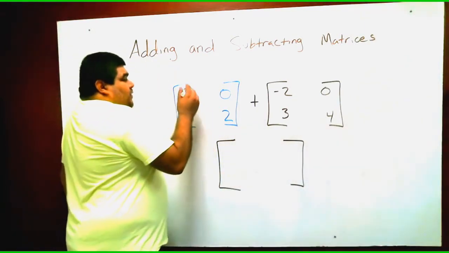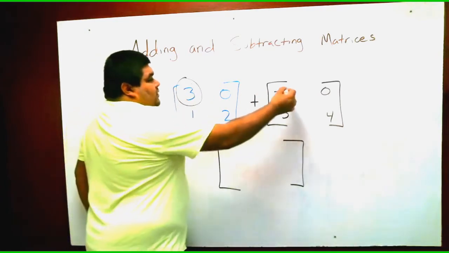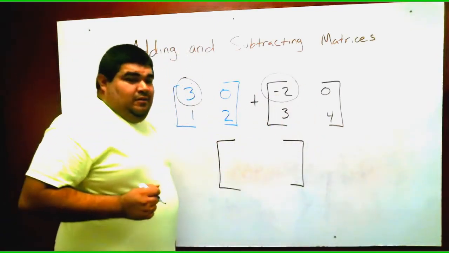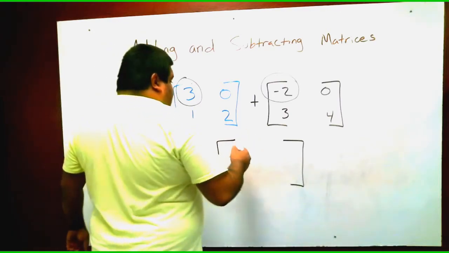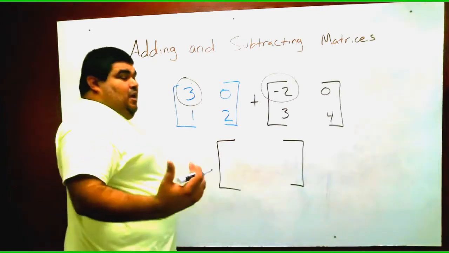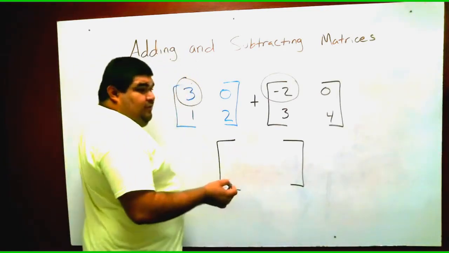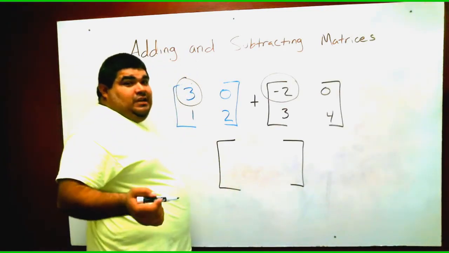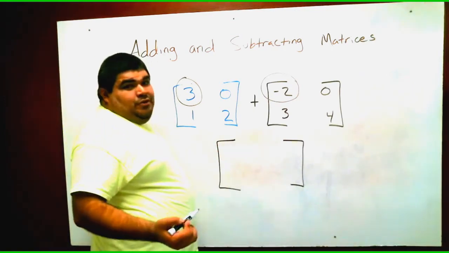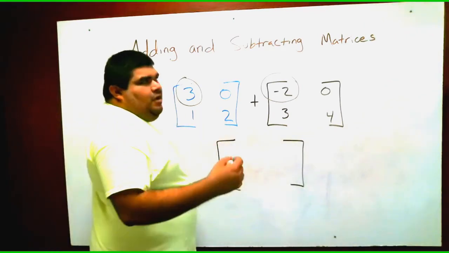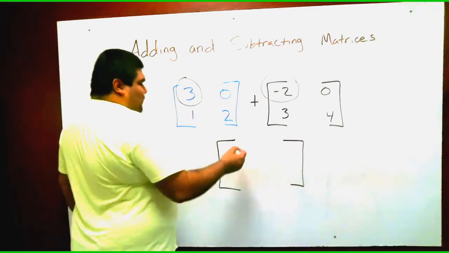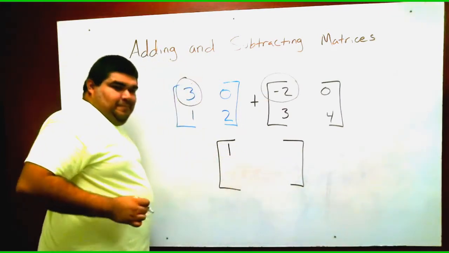Notice that they're both on the corner, on the left side corner, okay? So, they're over here on the corner, on the left side. Now we have to put the answer on the same exact location as the numbers we combine. So on the left upper corner. There you go. All right, so 3 minus 2 is 1.